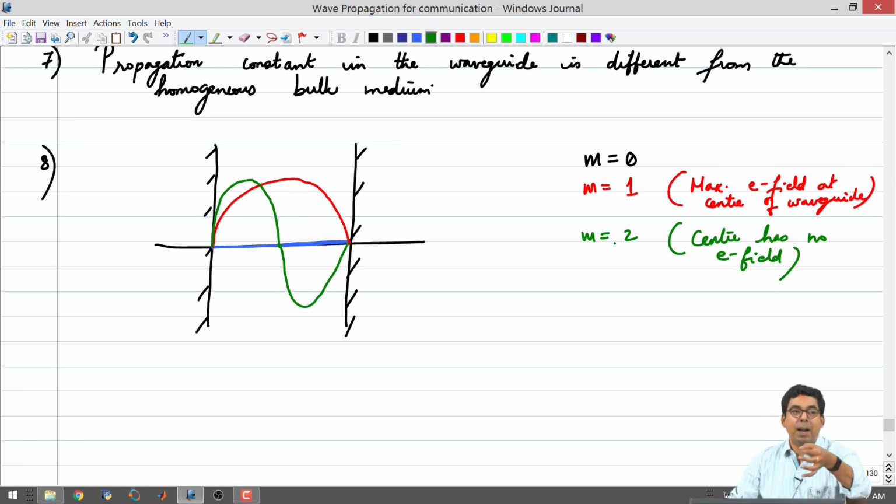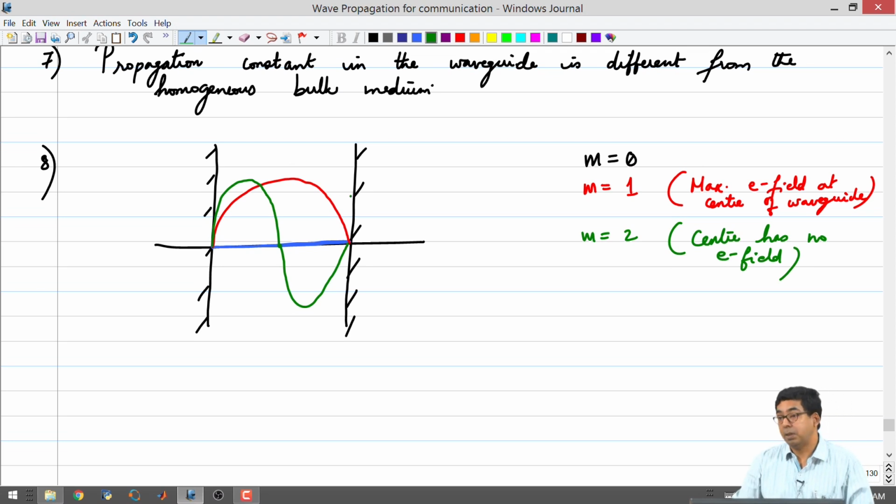Should I position it at first quarter, second quarter? Where should I position my detector to get the maximum information? What size should the detector be in order for me to get the maximum information? Of course, the entire length of the waveguide has to be covered. So, a lot of things can happen if you want to take a detector that is smaller.